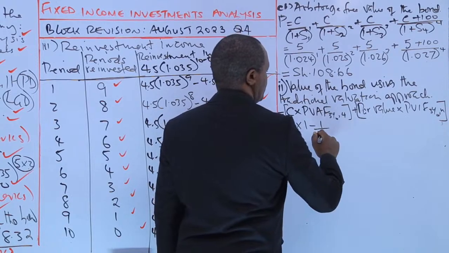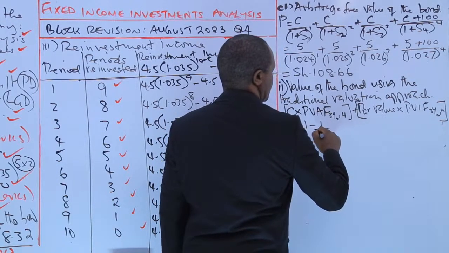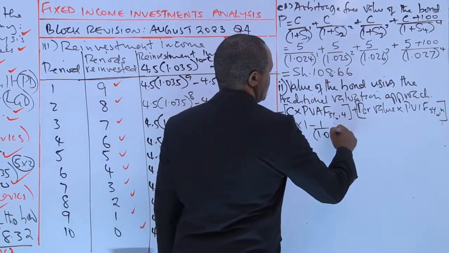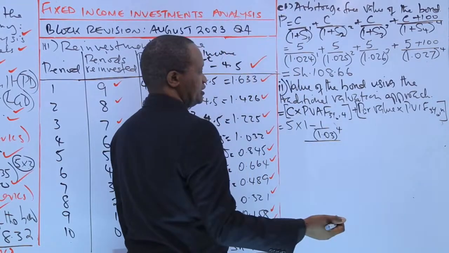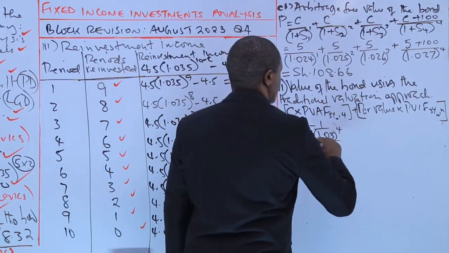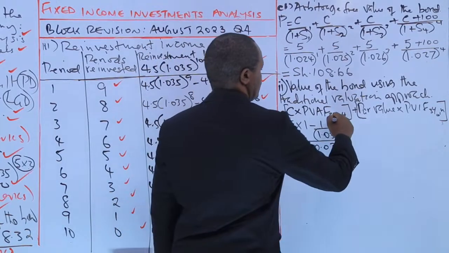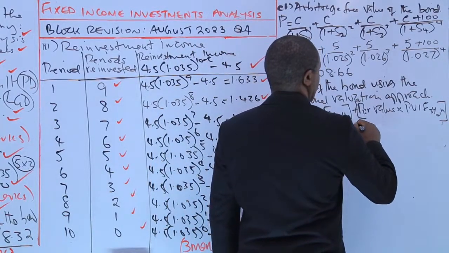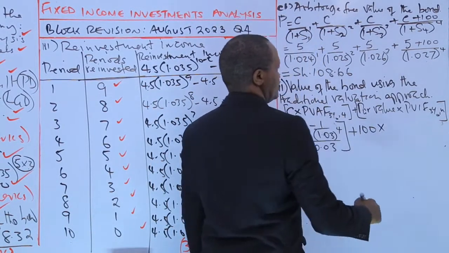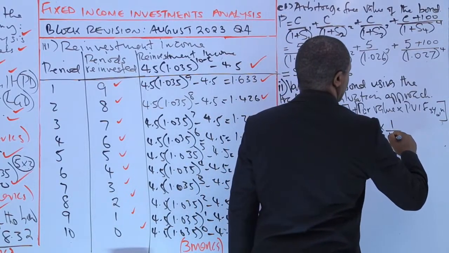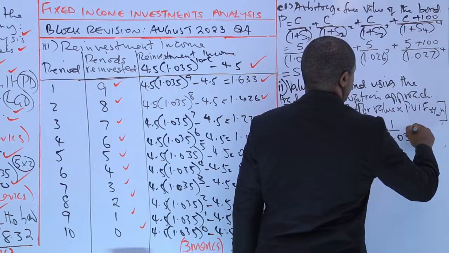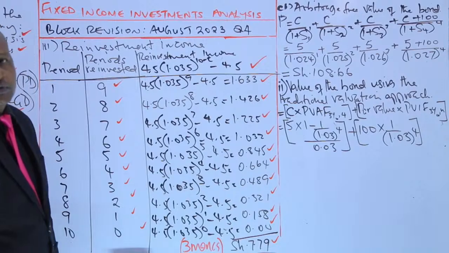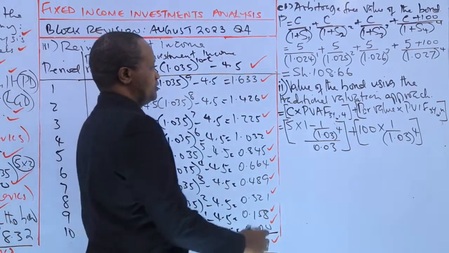Converted into decimal, it will be 1.03 raised to N, which is 4, over R, 3% into decimal, 0.03, plus the par value is 100 shillings times 1 over 1.03 raised to 4. The rest is the work of the machine.